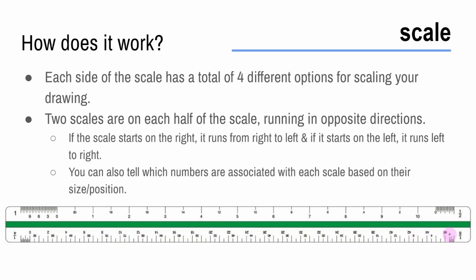The smaller numbers are the ones associated with this eighth of an inch equals a foot scale. So we've got 0, 4, 8, 12, 16. What these are then referring to is this would be 1 foot, 2 foot, 3 foot at an eighth inch equals a foot scale. This right here would be 6 feet at a quarter inch equals a foot scale.